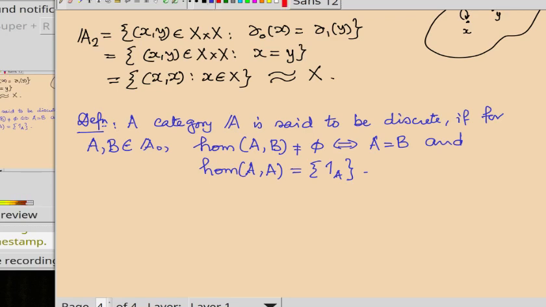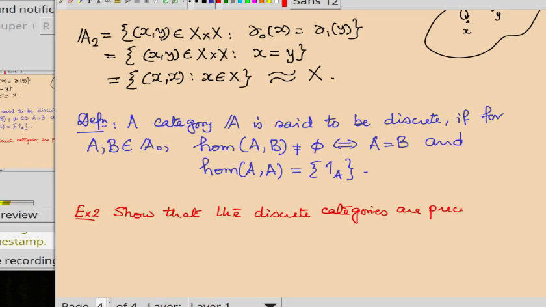Therefore, if I start off with a discrete category, this tells me its picture is exactly like this. So, show that the discrete categories are precisely given by sets.